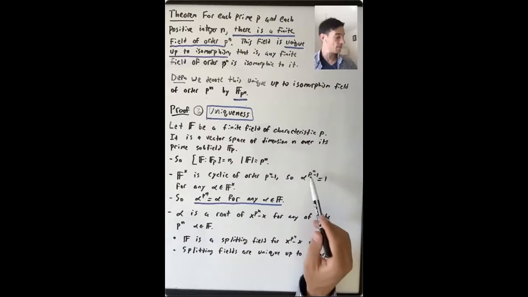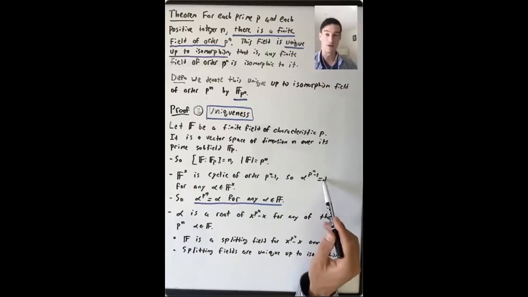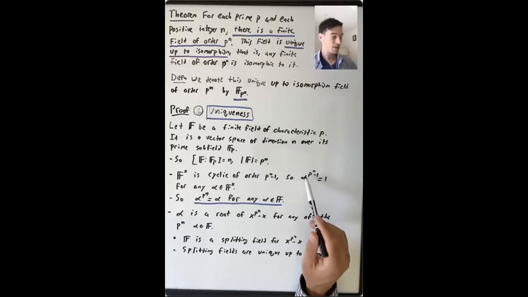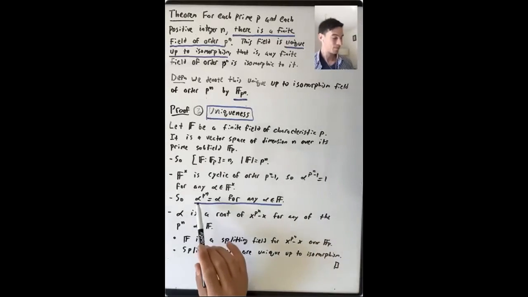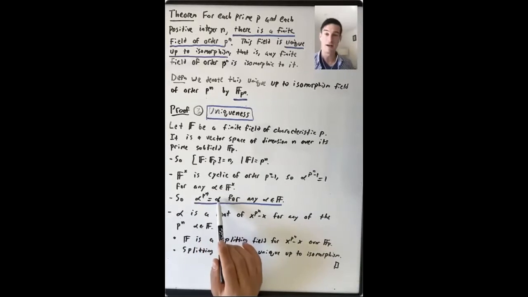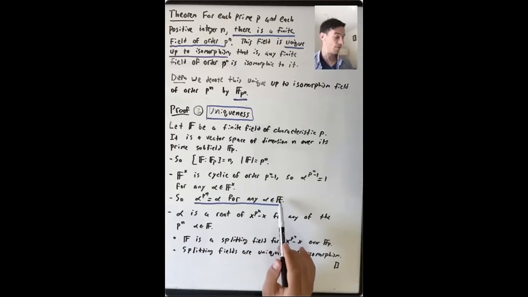So if you multiply both sides of this equation by alpha, then you get something that's true not just in the case that alpha is in F star, but also for alpha equals 0. So alpha to the p to the n equals alpha holds for any alpha in F, not just in F star.